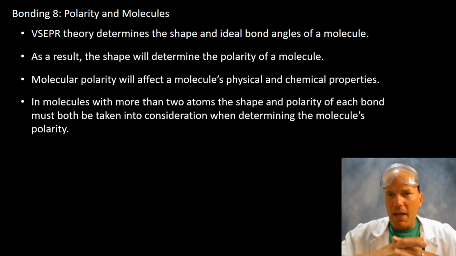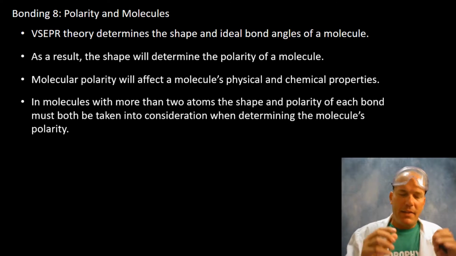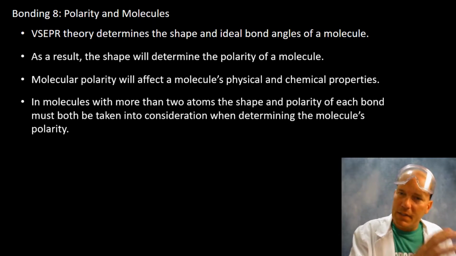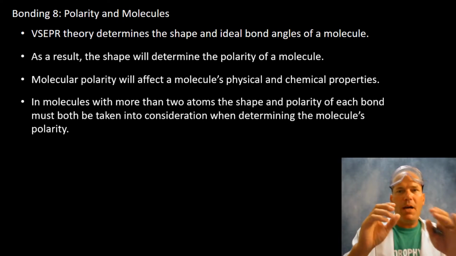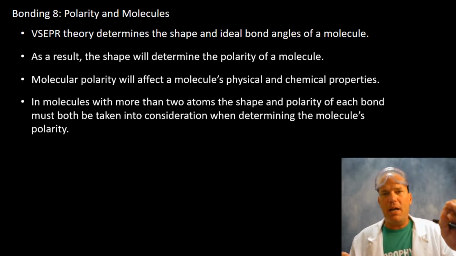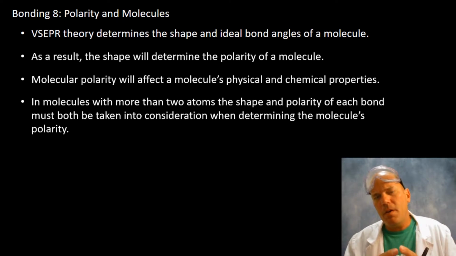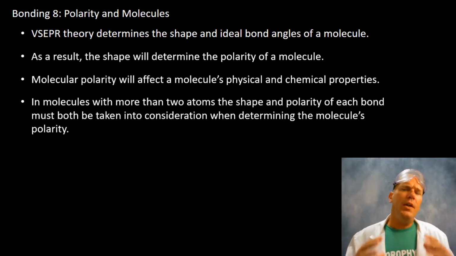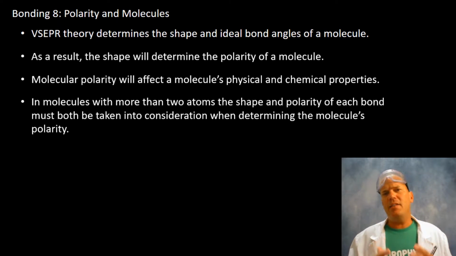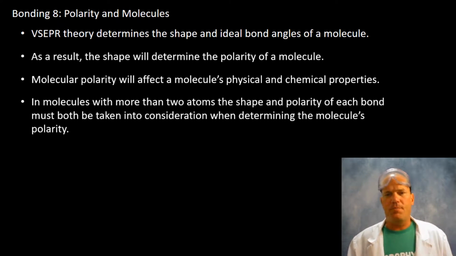So when we look at a ternary structure, we need to look at the individual bonds. In the example of water, we need to look at the hydrogen-oxygen bonds, the hydrogen-oxygen bonds. And then we need to look at the overall shape of the molecule. In the example of water, it has 2 lone pairs and it has a tetrahedral bent geometry.